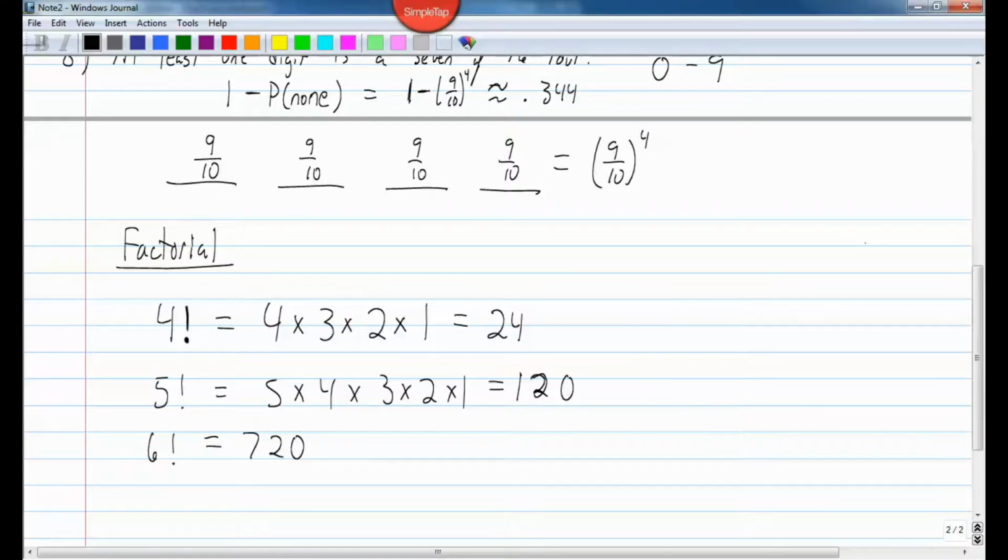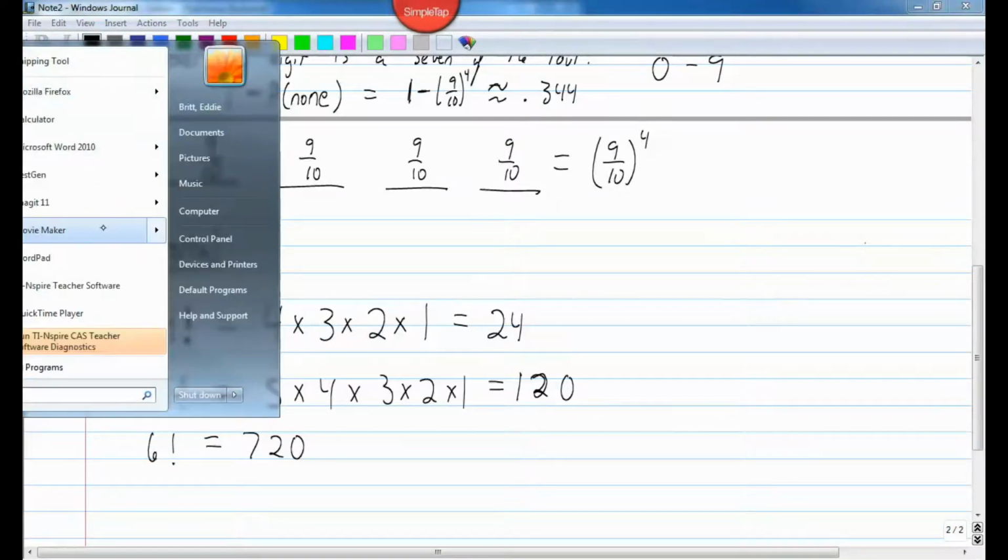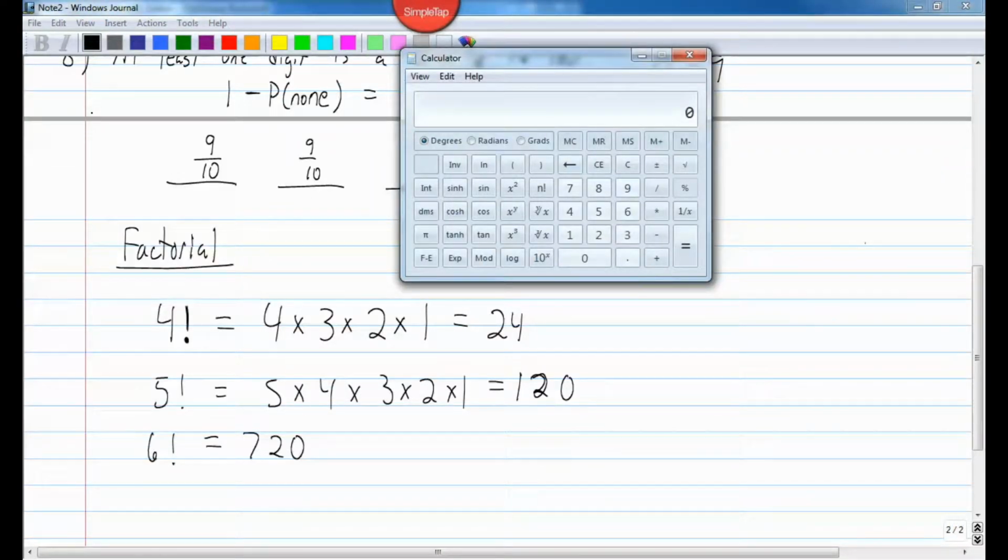So depending on the type of calculator you have, there's no telling how many places your calculator will go. So like if you try to do 12 factorial, like on this calculator, yeah, it works. But 25 factorial, I mean, look how big that number is.